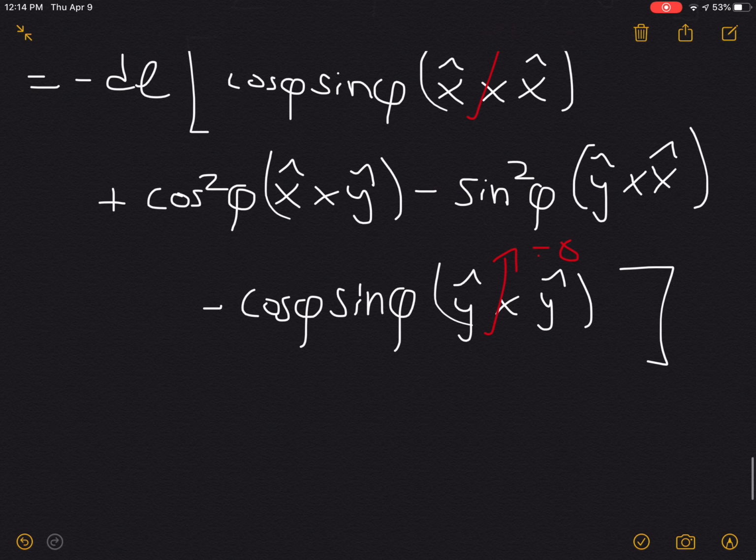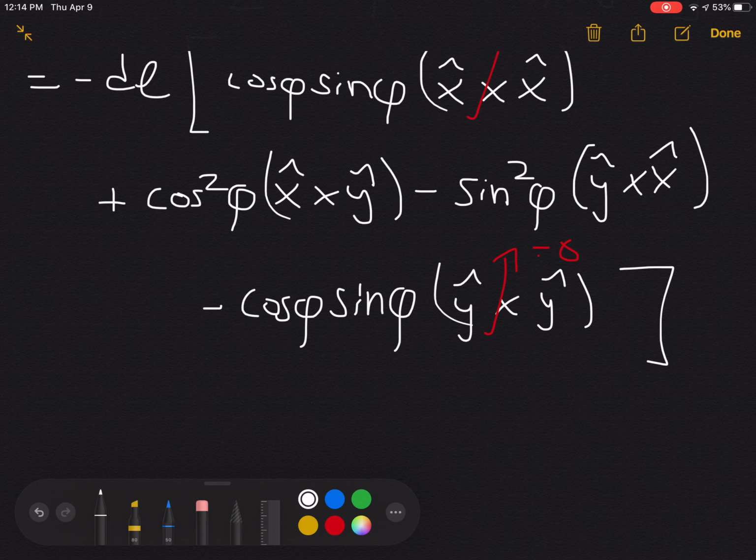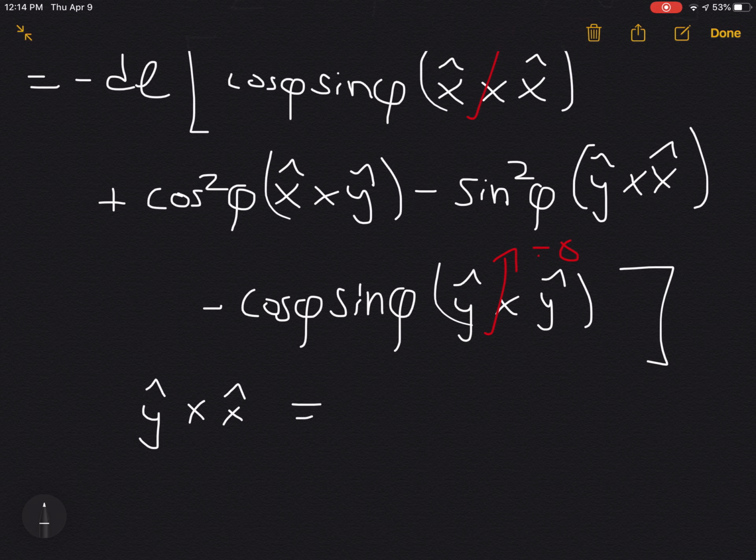One that is a little bit less obvious, but hopefully still we know it at this point, is that y hat cross x hat is equal to negative x hat cross y hat, which is minus z hat. And of course, x hat cross y hat is z hat.